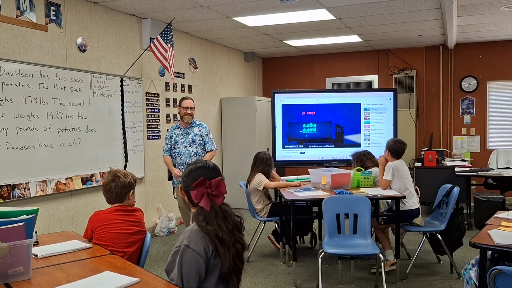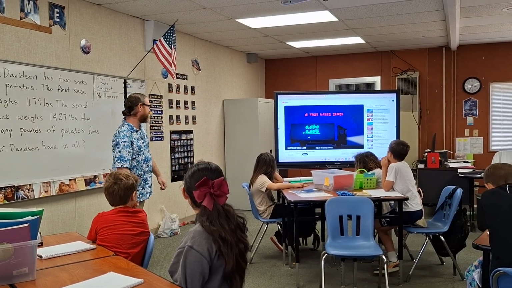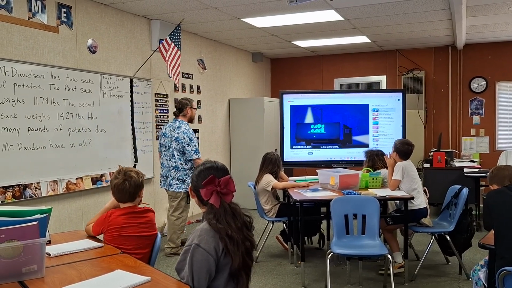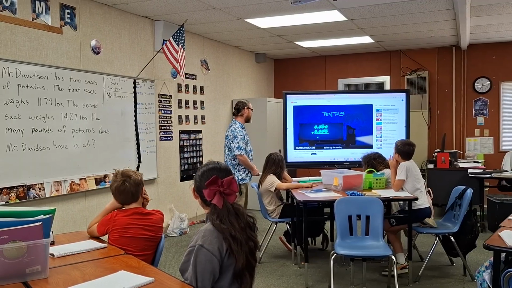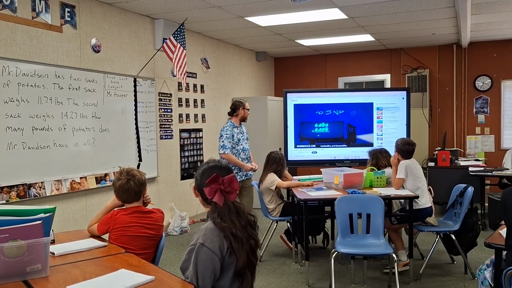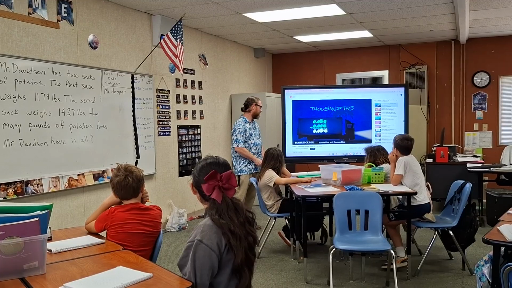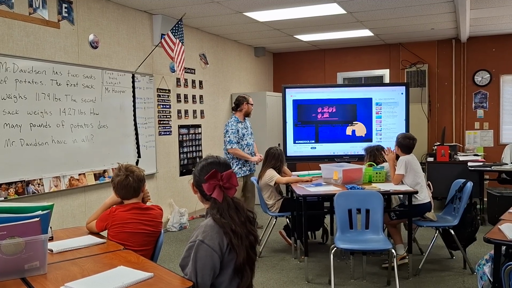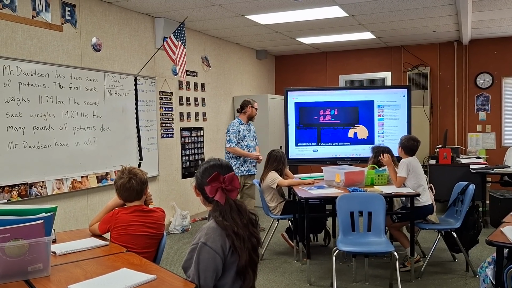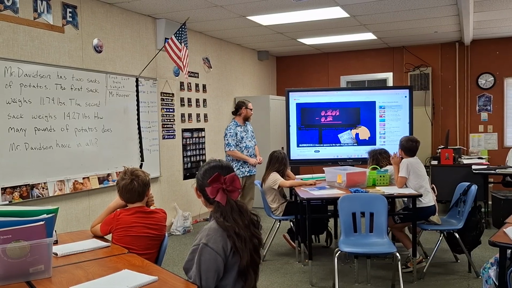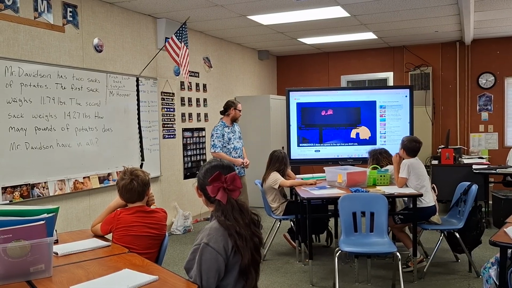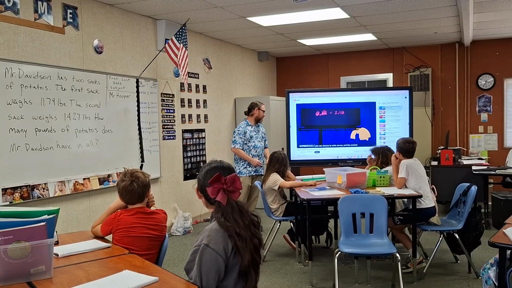If after you line up the place values there are spaces to the right that you didn't use, you can choose to write zeros.